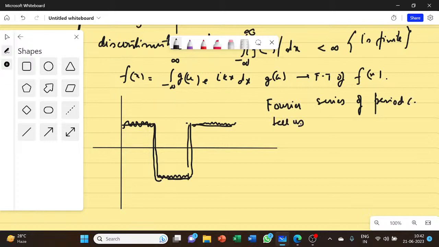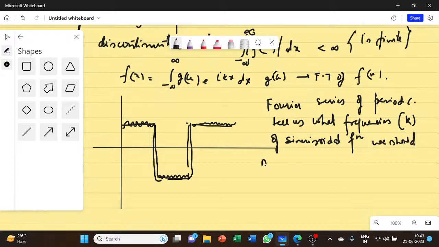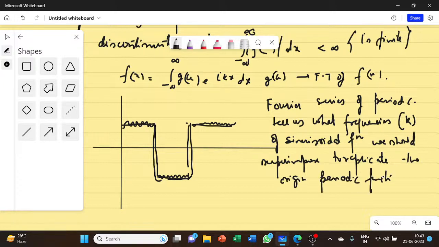It tells us what frequencies, or you can say wave vectors, that is k, because frequencies are after all related to k also, of sinusoidal functions we should choose, or we should superimpose, to replicate the original periodic function. So this is what your Fourier series does.